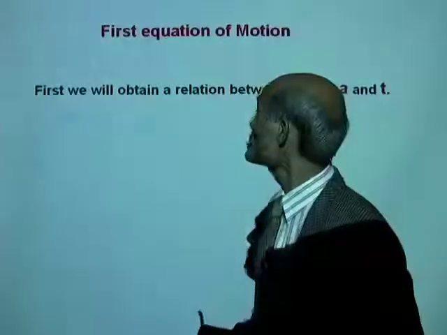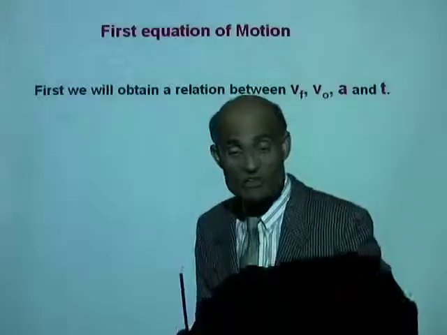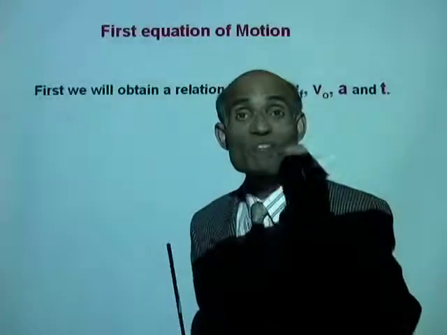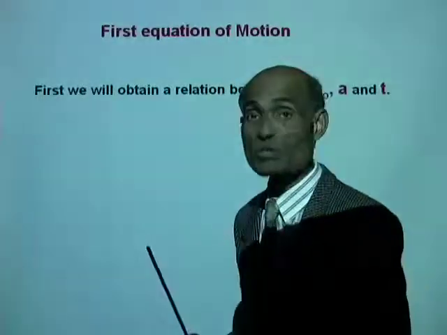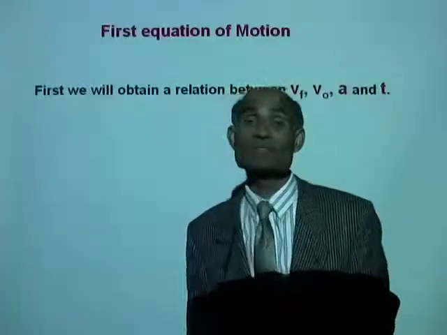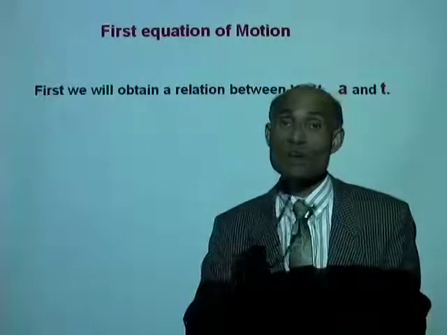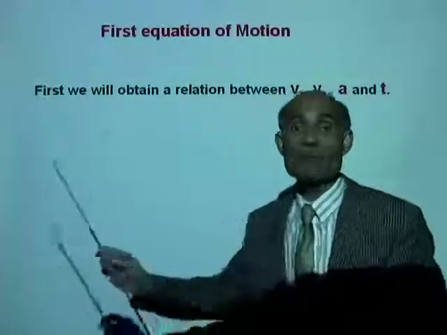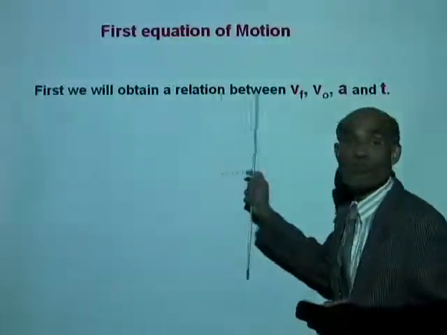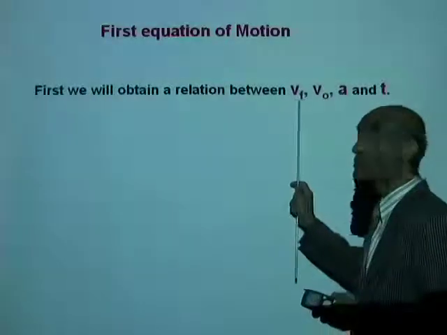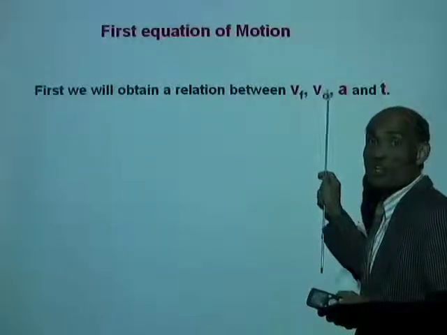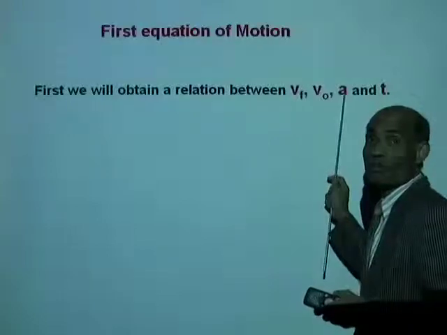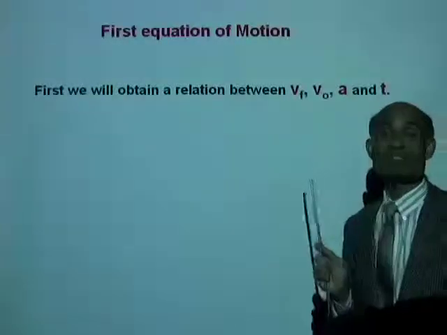The first equation of motion is actually the definition of acceleration. Do you recall the definition of acceleration? Well, acceleration is change in velocity divided by time. So this is going to involve the final velocity Vf, the initial velocity V0, the acceleration, and time.